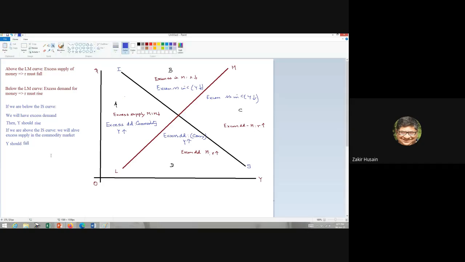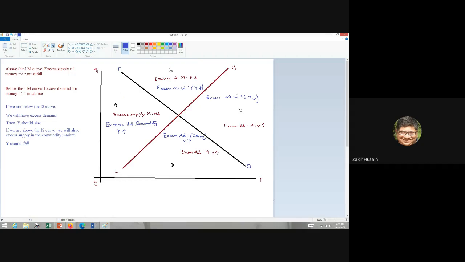Is that fine now? So now you can see that there are 4 zones. Here you have excess supply in the money market and excess supply in the commodity market. Here again you have excess demand in both the markets. But here you have excess supply in the money market, excess demand in the commodity market. And here is the opposite: excess supply in commodity, excess demand in the money market.